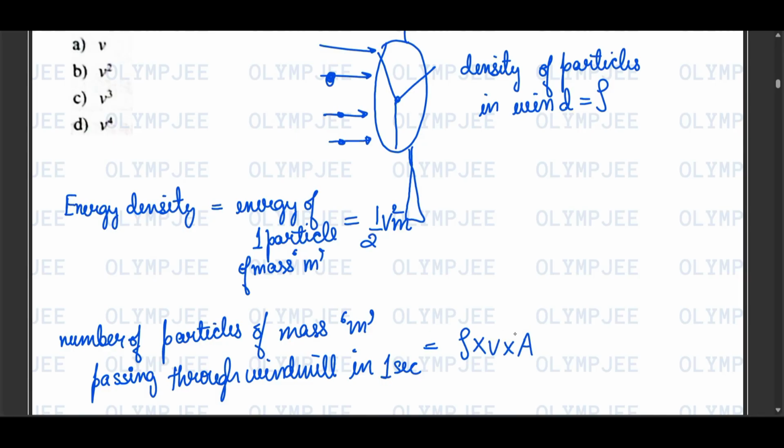Because this gives us the length covered in 1 second, and area multiplied by length covered in 1 second will give us the volume covered in 1 second, right? So this gives us the number of particles in 1 second.